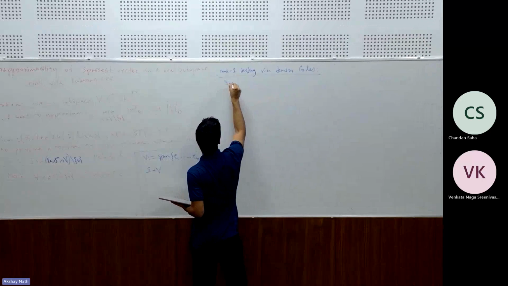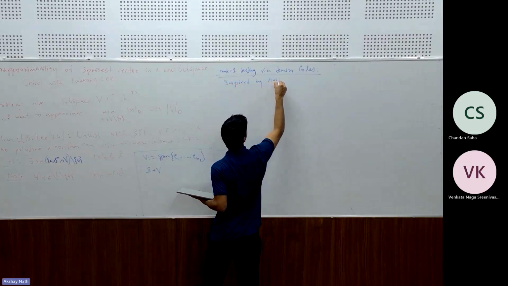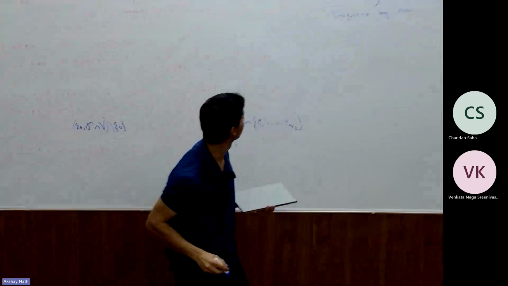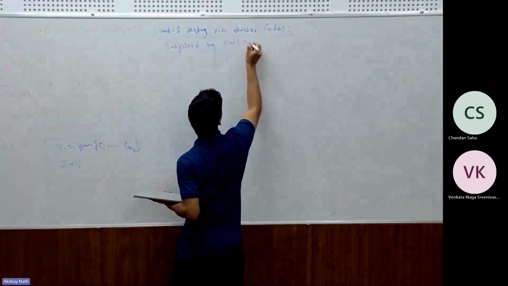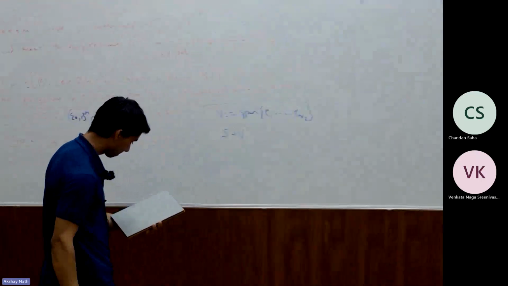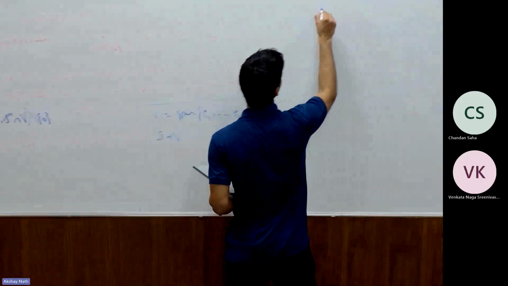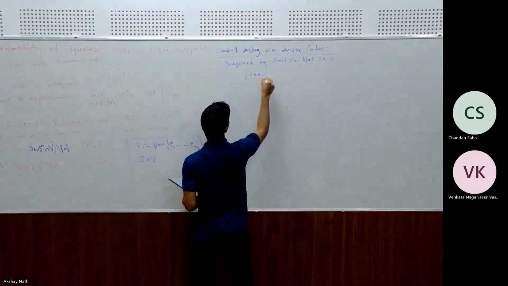This is inspired by a simplified proof of finite field hardness due to Austin and Court in 2010, I believe. So the idea is the following. It's a two-part idea.